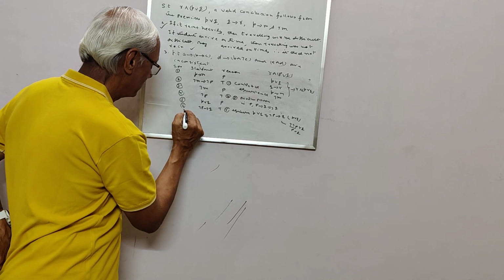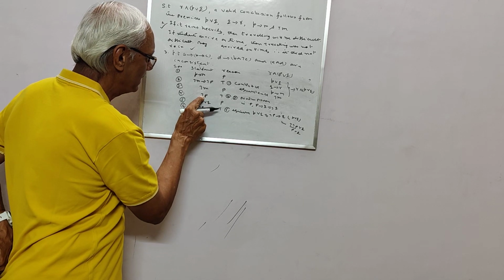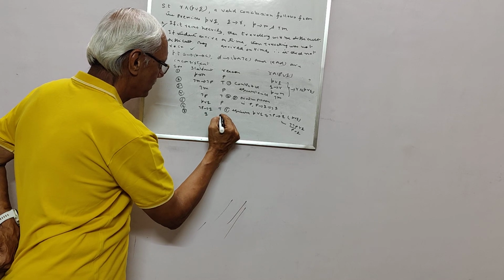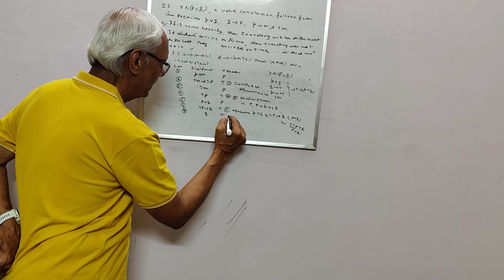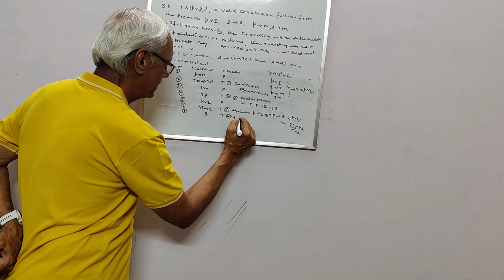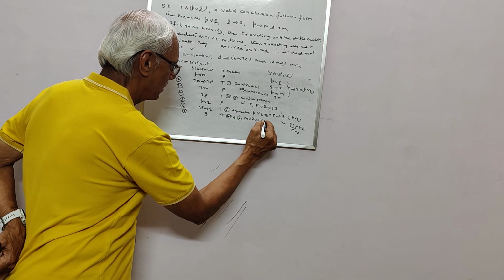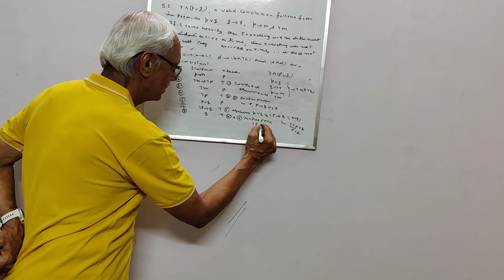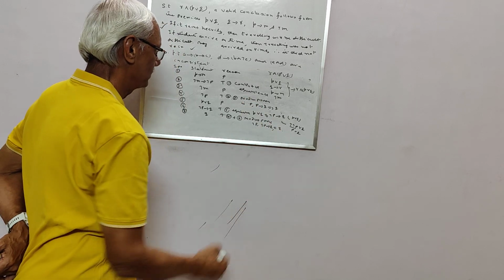Then 7: negation P implies Q. Negation P is true, therefore Q is true. This is true. It is coming from 4 and 6, and it is, that is, negation P is true, negation P implies Q is true, this implies Q is true.